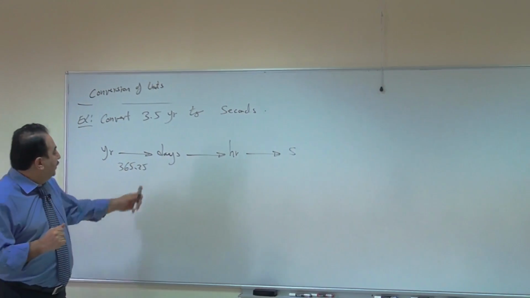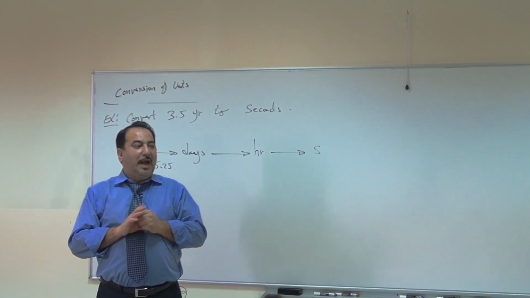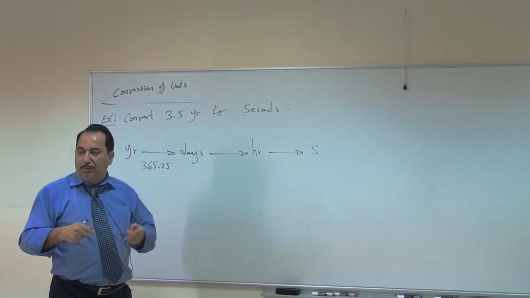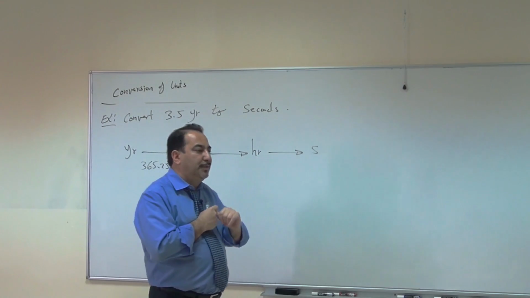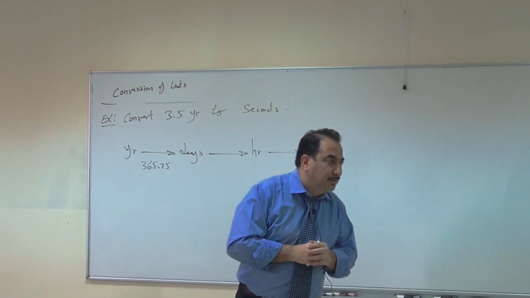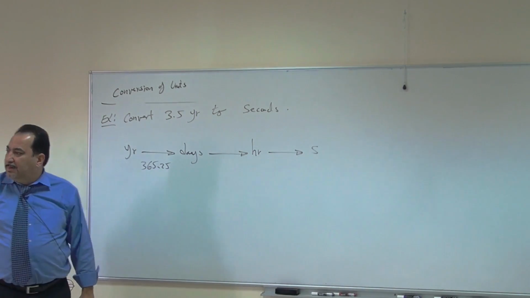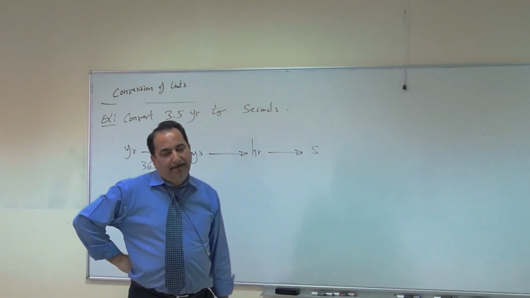Now, the other thing, if you don't take this quarter of a day in consideration, what happens? Every year, you lose a quarter. In 4 years, okay? Now, in 100 years, how many quarters? 25 days, yeah?